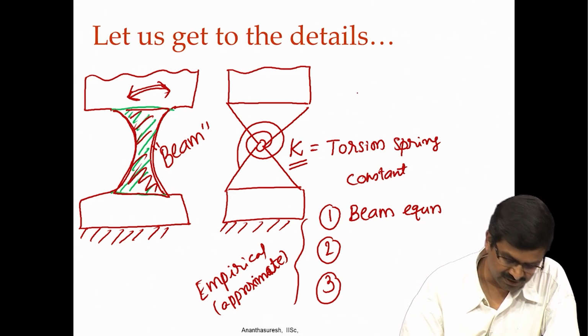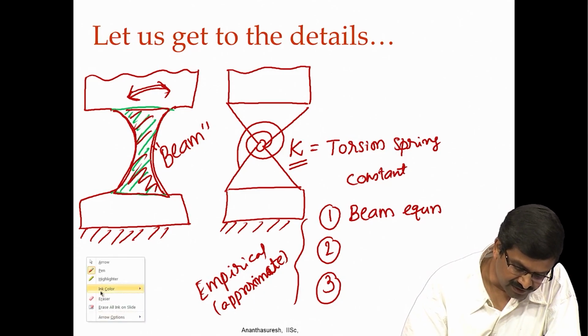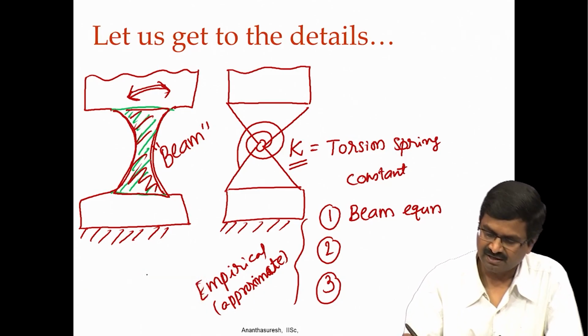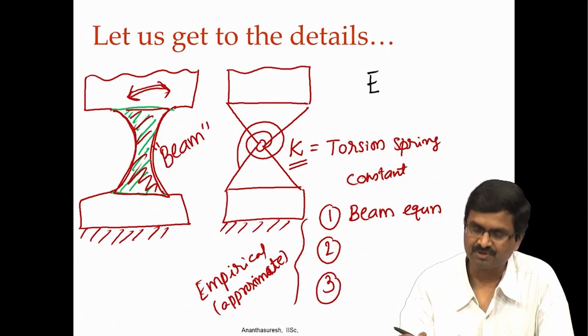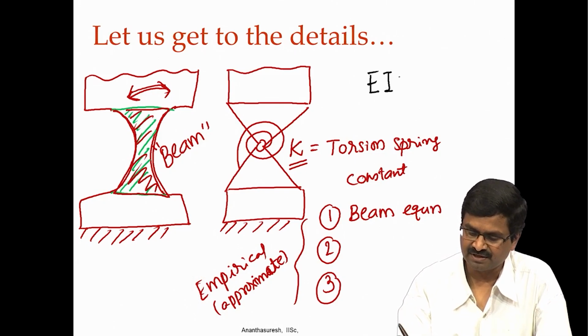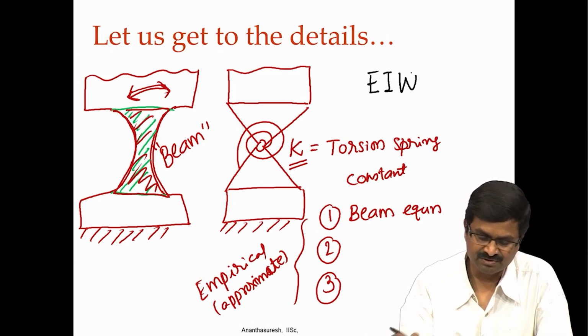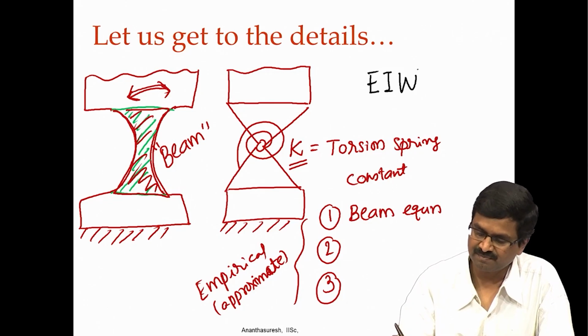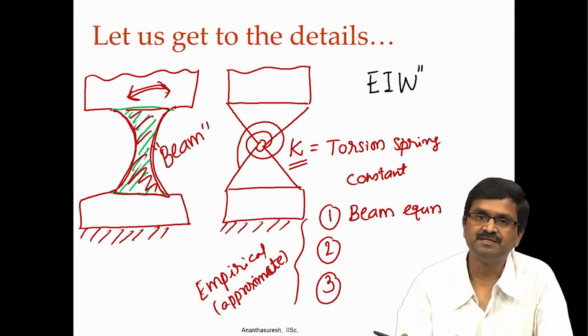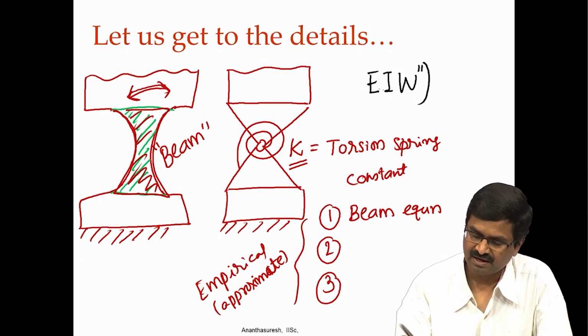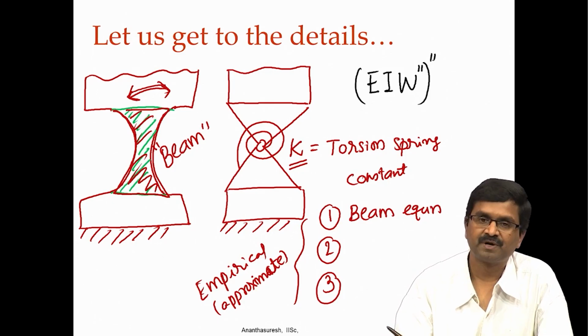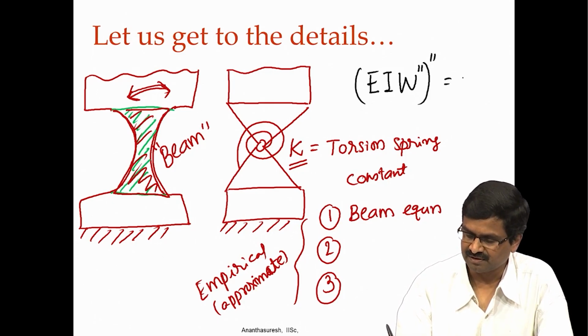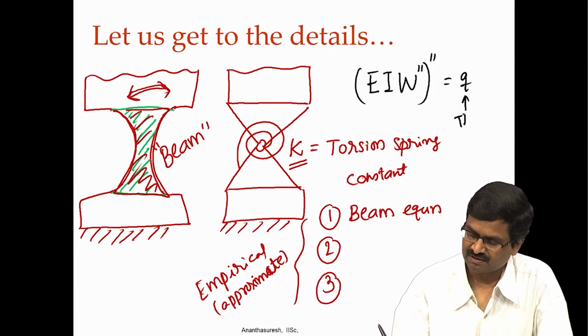cross section. So, here if we recall the beam equation, this will be Young's modulus E, second moment of area I, and if I say W, the transverse displacement of this beam, double prime, that is d square W by dx square, and then double prime, and you can put the Q, that is the transverse load or moment.